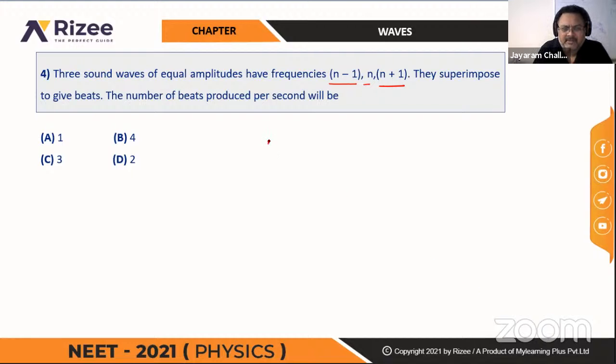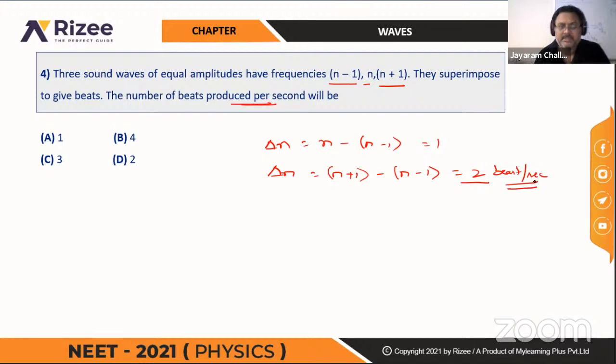You can find delta n, the frequency difference between any two of them. The maximum will be between the first and last, that is n plus 1 minus n minus 1, which is 2 beats per second. So this is our situation.